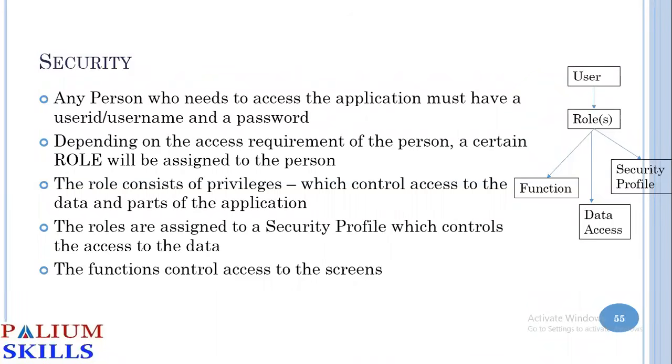A role will consist of what we call privileges, which means access to different parts of the data and the application. The roles are assigned to a security profile which controls the access to the data. And functions control access to the screens and the reports. This is straightforward. Understood?